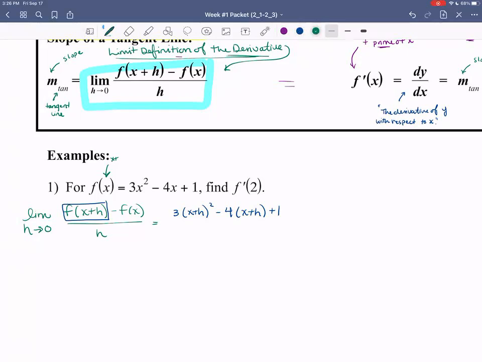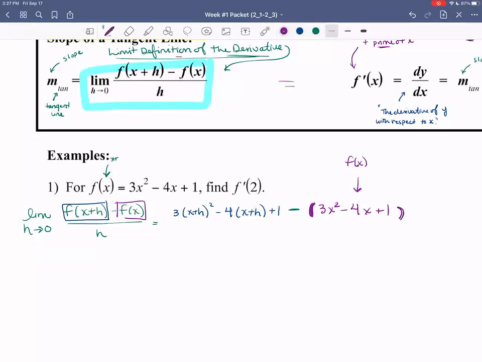Then we're going to subtract f of x. It's important to use a lot of parentheses here because we're going to subtract all of f of x, not just the first term of f of x. So I'm going to set up my parentheses here, and inside I'm going to put in what f of x is: 3x squared minus 4x plus 1.